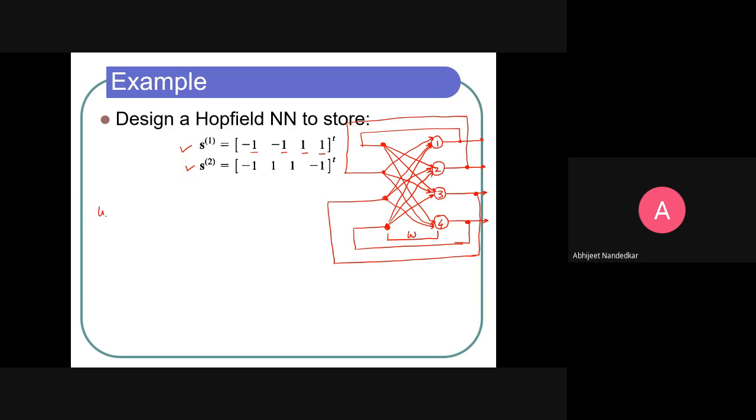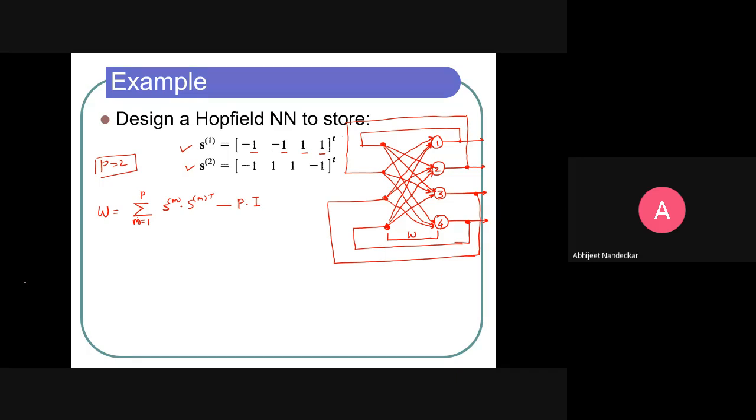So W is equal to summation m equal to 1 to P of Sm into Sm transpose, minus P into I. Okay, so that we have to do. Now here P is equal to 2. That means I just need to store 2 patterns.